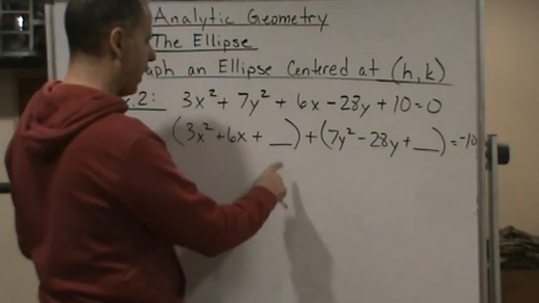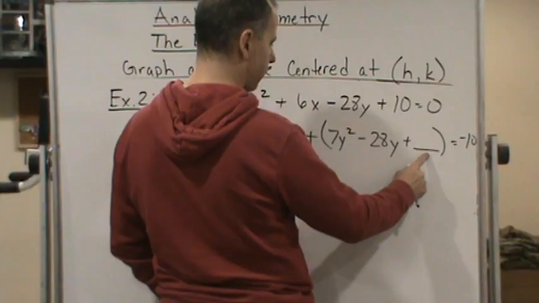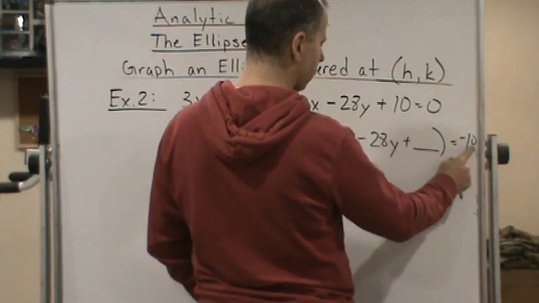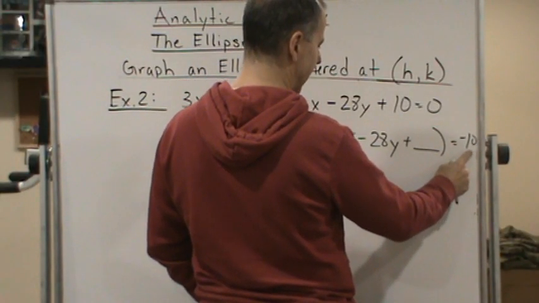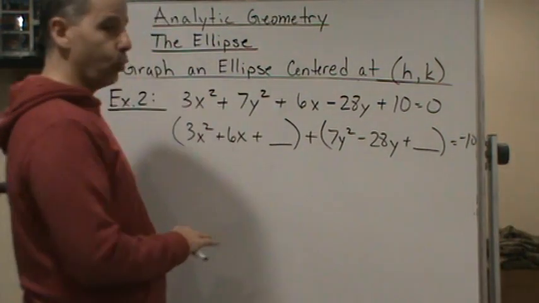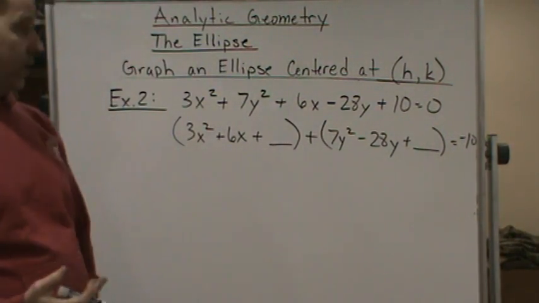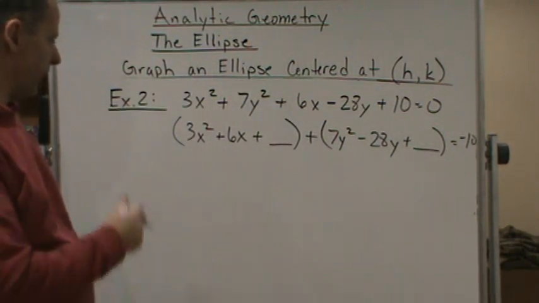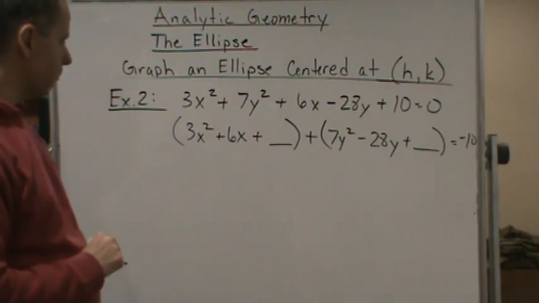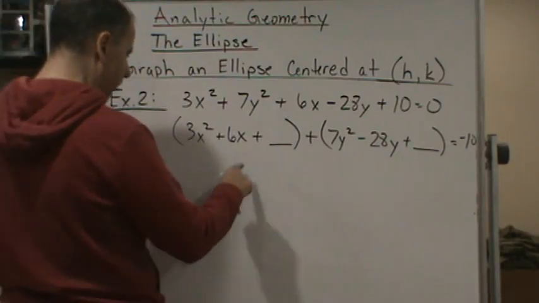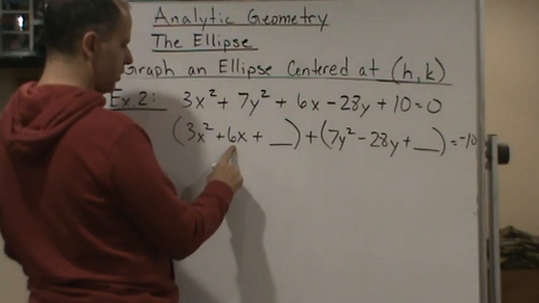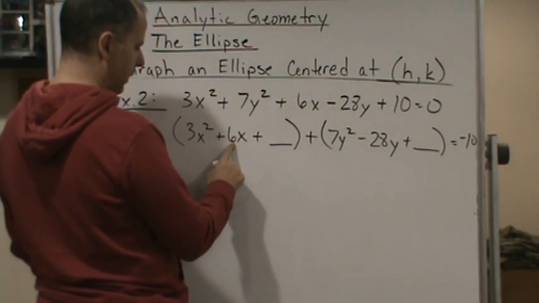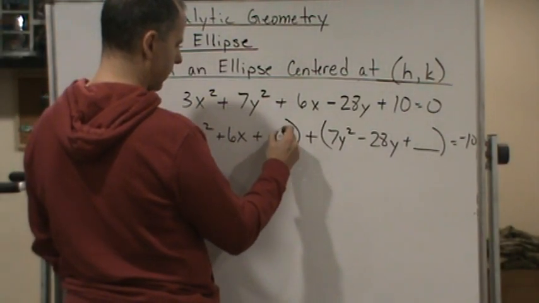Now, remember, whatever I add here, I also have to add here. So whatever I do to one side, I have to do to the other side. Okay? So here I'm going to divide by 2 and square it. So 6 divided by 2 is 3. 3 squared is 9.